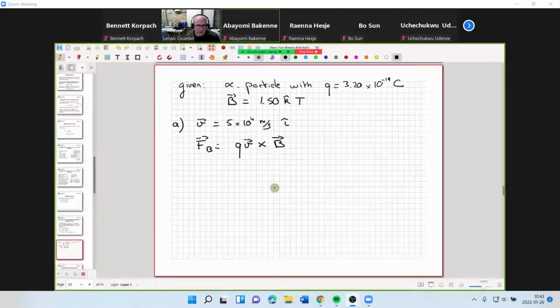For example, if I put a Cartesian basis like that, so my unit vectors I, J, and then I have K hat coming like that. You have I hat cross K hat, and this will give you something along J. Now, if you use the right hand rule, will it be plus J or minus J?